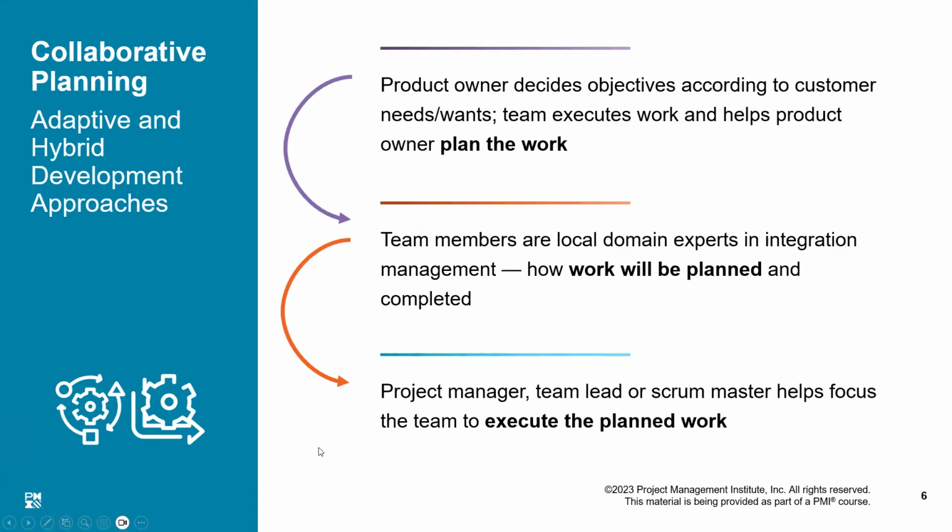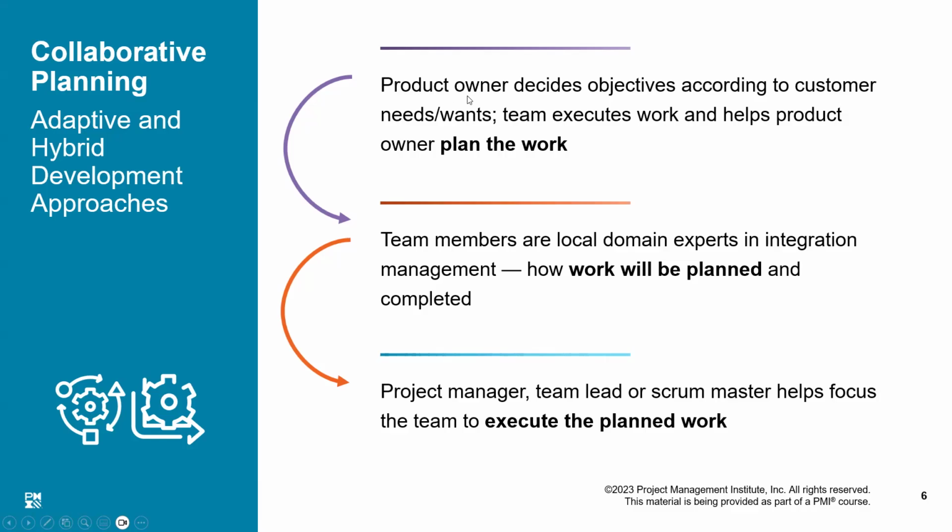Okay. Let us talk a little bit about collaborative planning because in adaptive or agile or for that matter hybrid also, we do use collaborative planning. Now, what do we mean by collaborative planning? In Agile, we have a product owner who decides the objectives according to customer needs and wants.